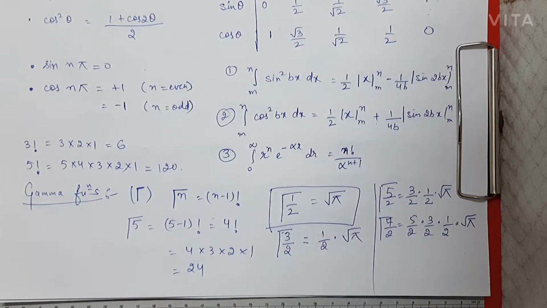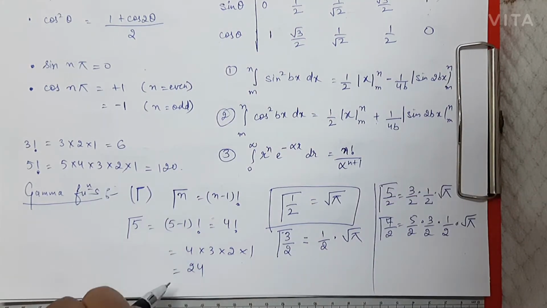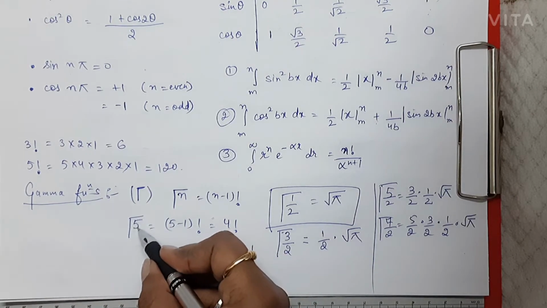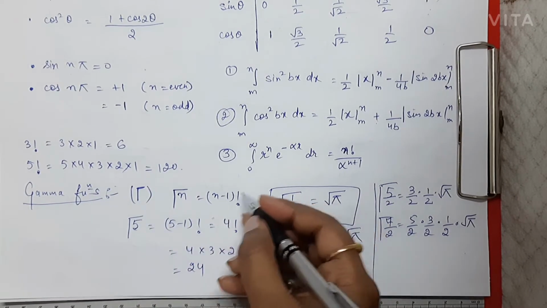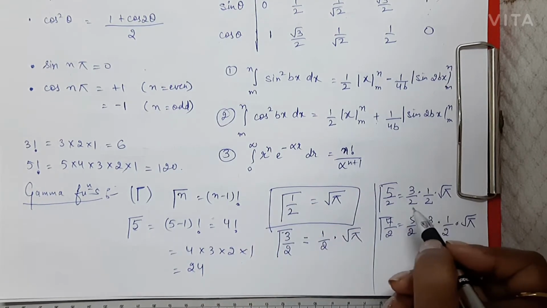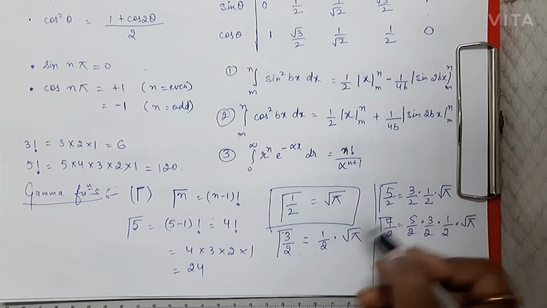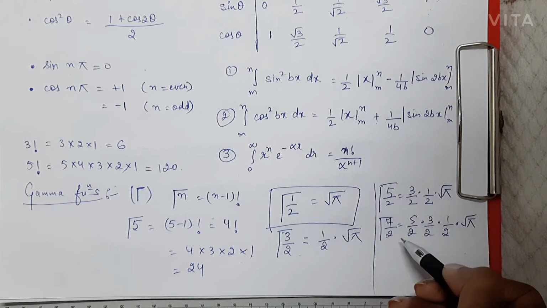This way you are going to solve the gamma function. I hope you are clear with factorial and gamma function. For numerical values, solving the gamma function is easy. For fractions, what you have to remember is gamma function of 1 by 2 is root pi, and this way you can solve the gamma functions.